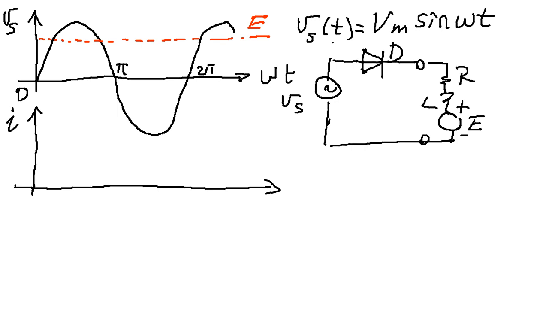Now, current is going to flow through that network. Let the current's color be blue. Blue is the color. Is current flowing between zero and that point?